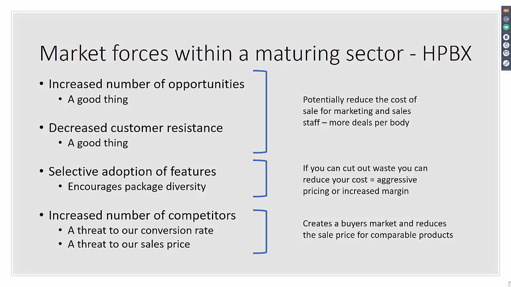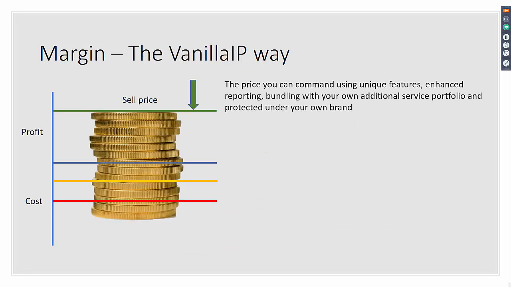But let's roll through and start by looking at how VanillaIP are looking to support the resellers in the construction of this package and the construction of that good, strong margin field. The first element, and do please come and talk to us in more detail about this if you're new, is how we help our resellers to construct a package with unique features, with enhanced reporting, and building into that some unique elements from your own portfolio and protected under your own brand, so that we get away from this ability for customers to shop you around.